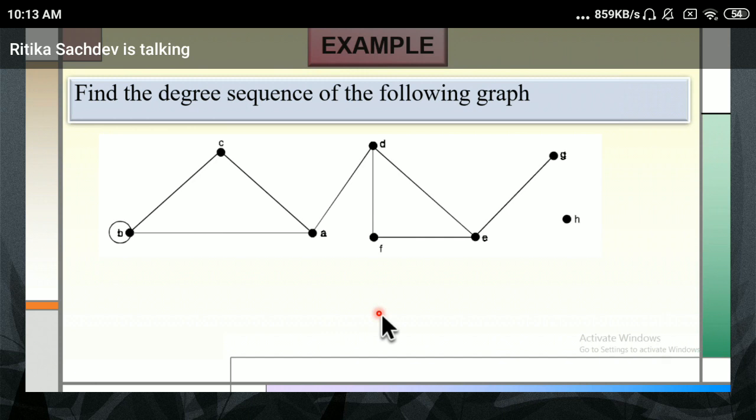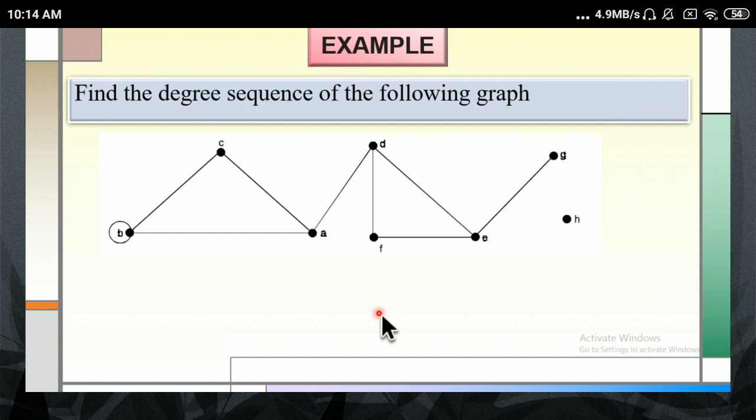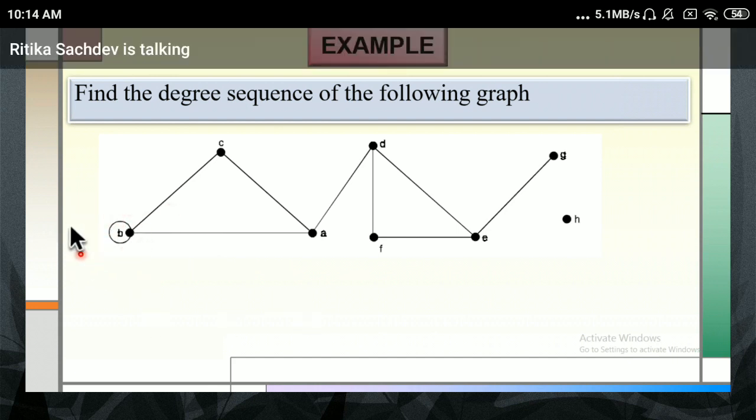When you're punching in the degrees, please write down the degree of A first, comma, degree of B next, comma, degree of C next, and so on. Please notice there is a loop at B. So be very careful about this loop.